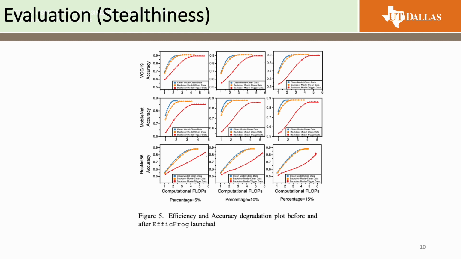As shown in this figure, after injecting the backdoor, the model will behave abnormally on triggered data, as shown in the red curve, but will behave very closely to the clean model on clean data, the red and yellow curves in the figure.